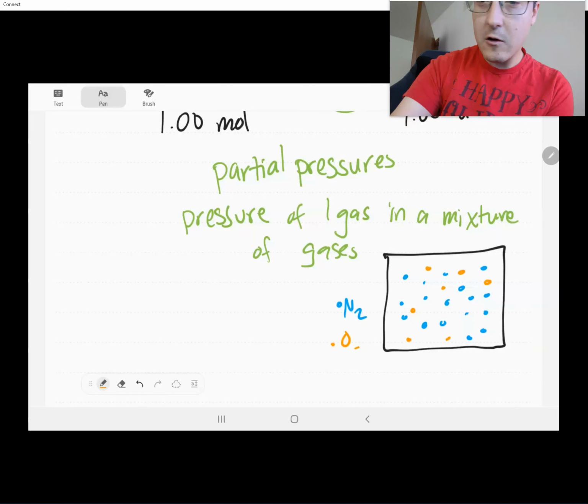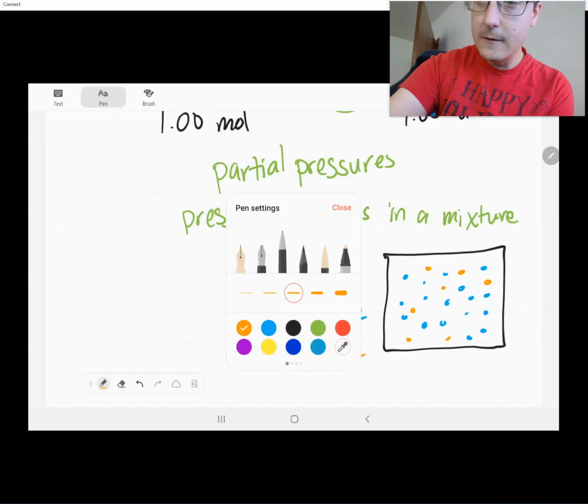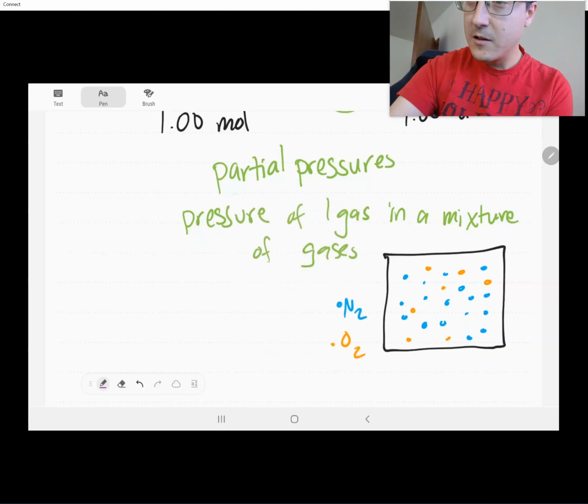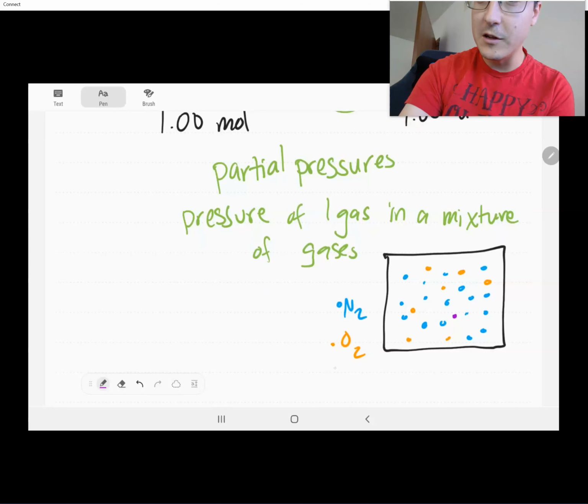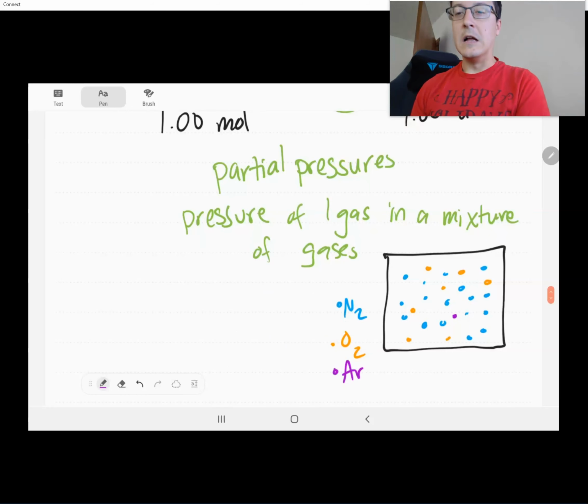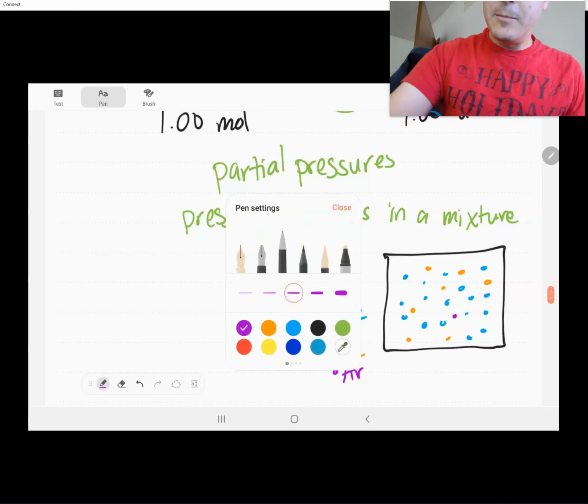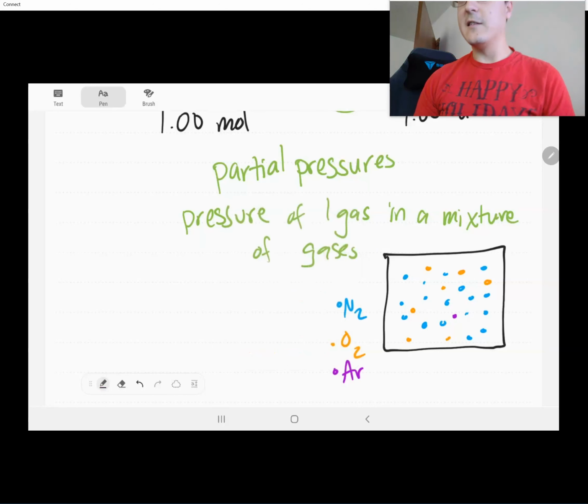These guys are our oxygens. And how about purple? Since there's not very much of that, we'll just leave it as 1 purple dot. That's our argon. All right, so this is what that kind of is looking like.